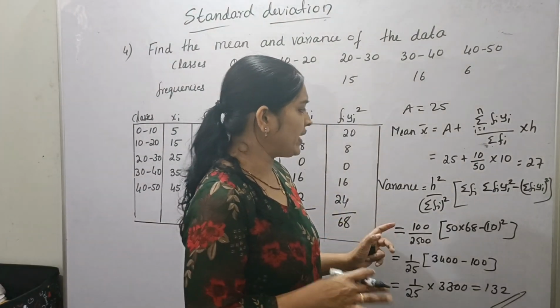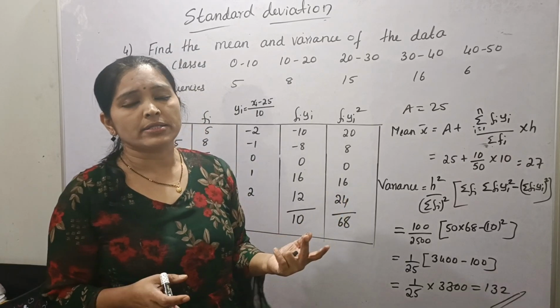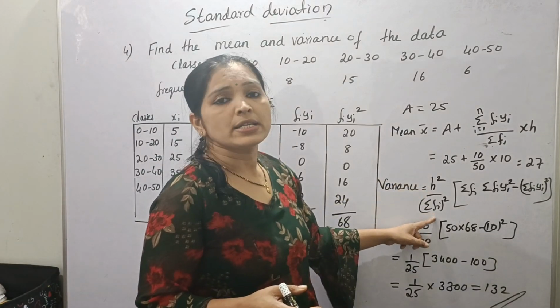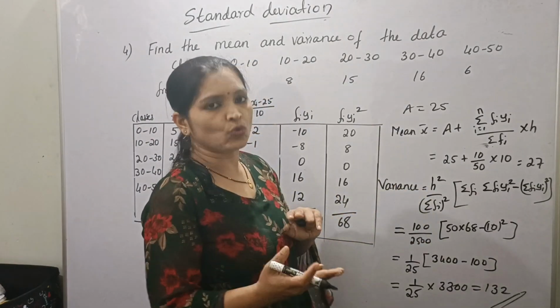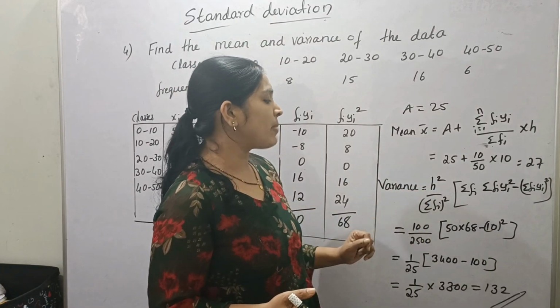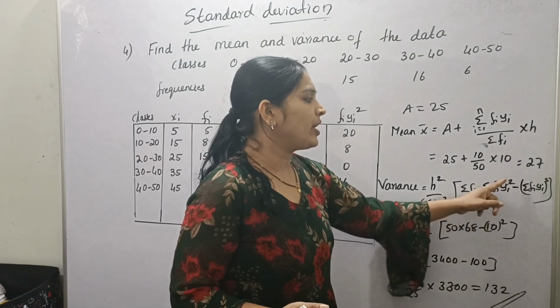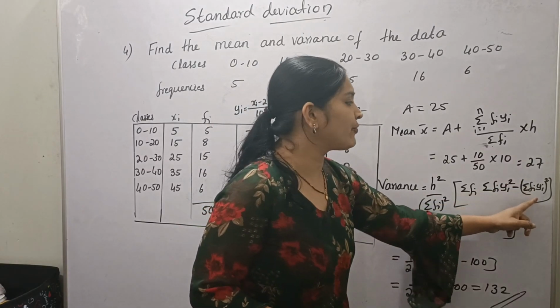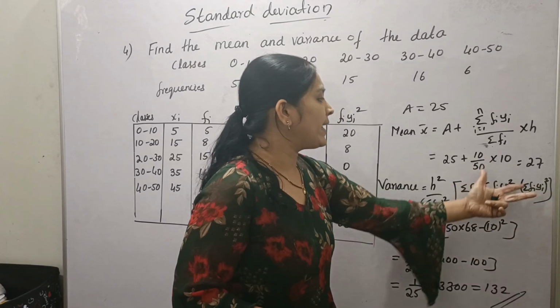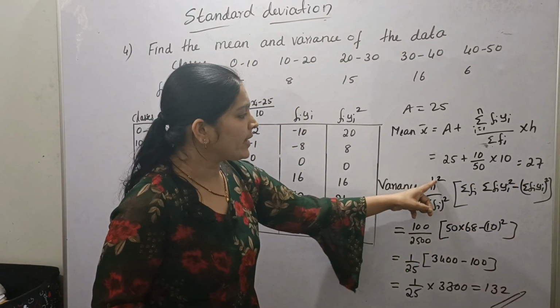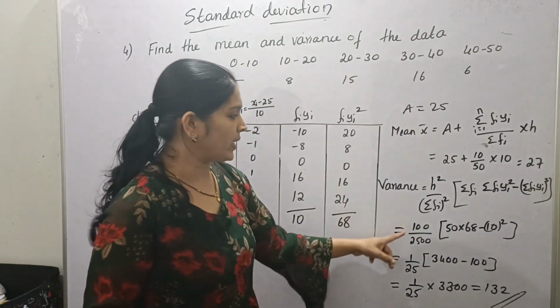Next we will find variance. So we know that standard deviation is h by sigma fi, so variance is its square. So h square by sigma fi square into sigma fi into sigma fi yi square minus sigma fi yi whole square. Okay, directly substitute all the values. h square, that is 10 square, 100.